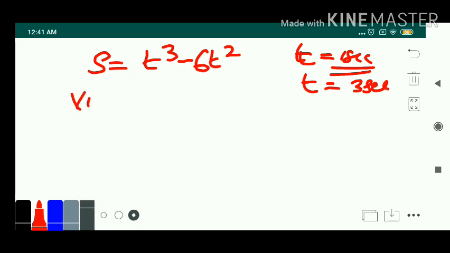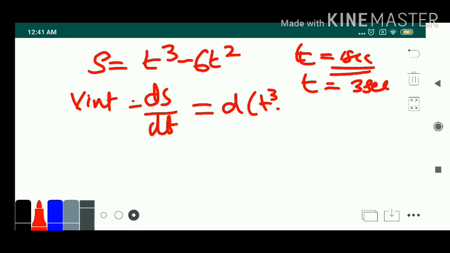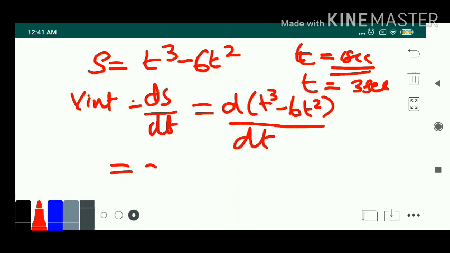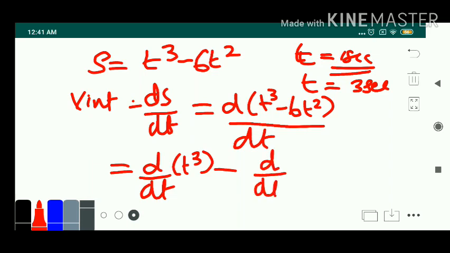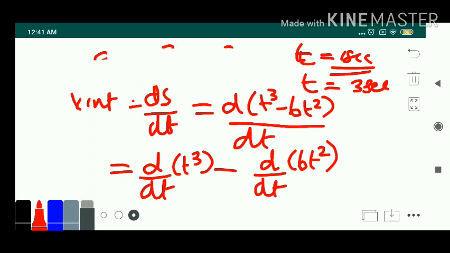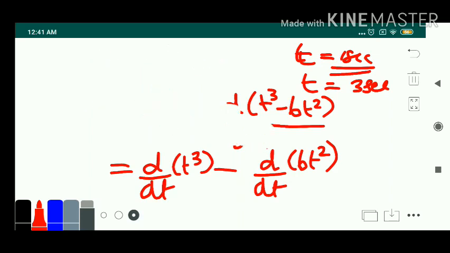So v instantaneous is what? ds by dt, right? So I have to differentiate t cube minus 6t squared by dt, right? So I'll write it as d by dt of t cube minus d by dt of 6t squared, right? So tell me guys, pause the video and try to do it by yourself, right?